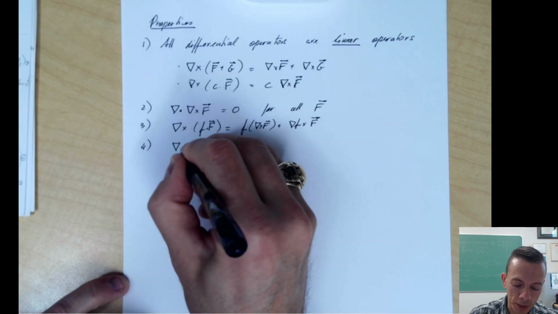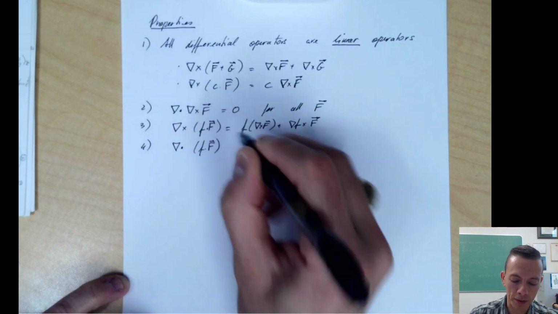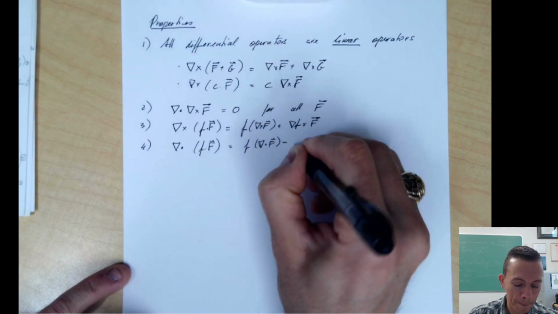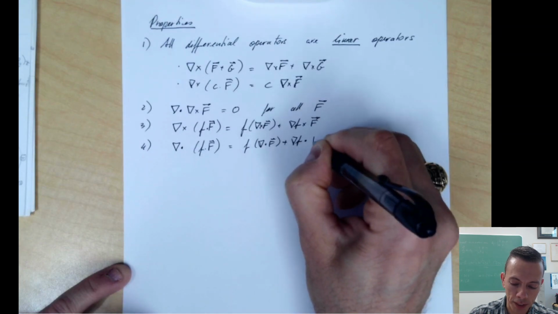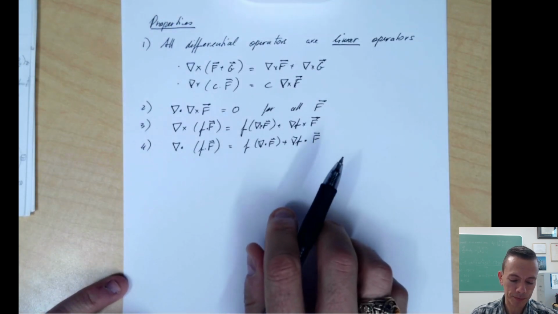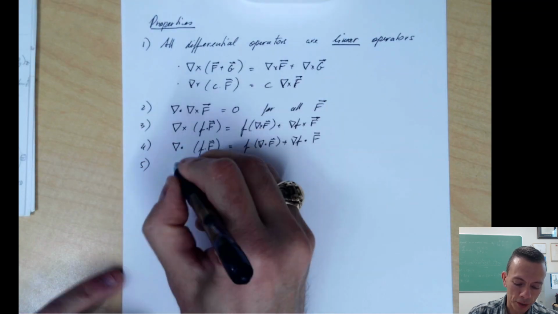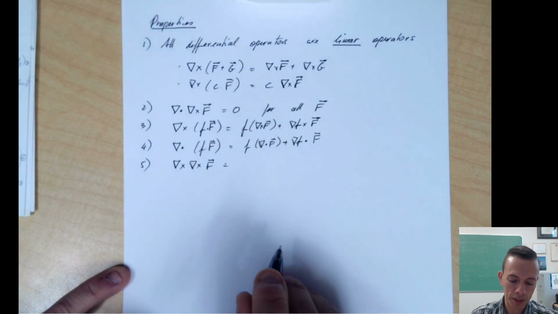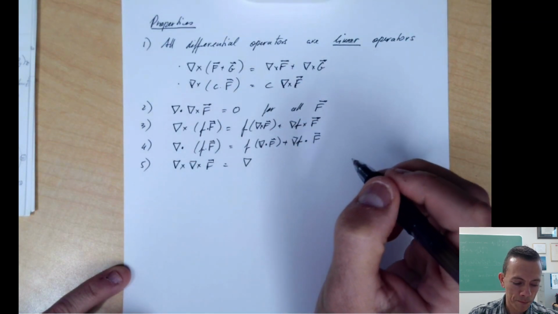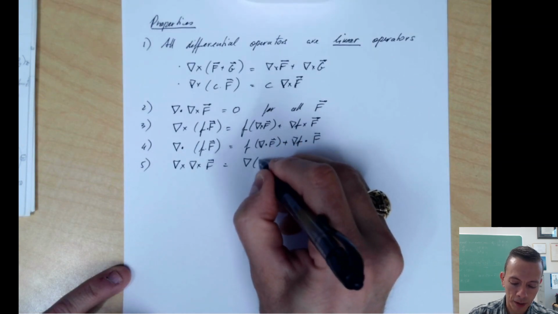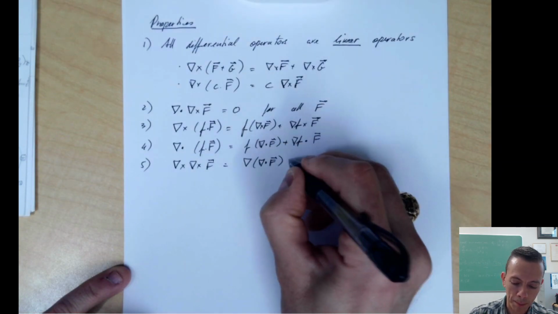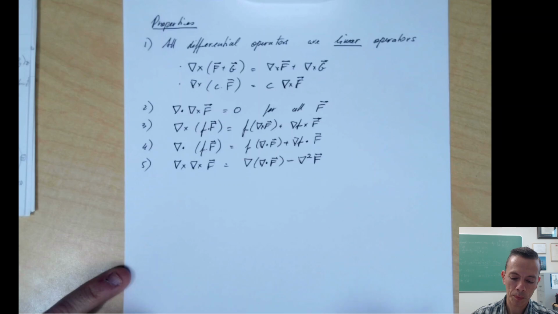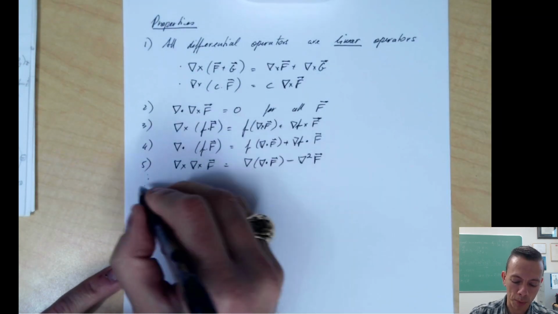You have a similar one with the divergence. So the divergence of a scalar product f times F is equal to f times the divergence of F plus the gradient of f dot capital F. Another one that's even less obvious is if you take the curl of the curl of F, this becomes the gradient of the divergence of F minus the Laplacian of F. So there's several other interesting properties.